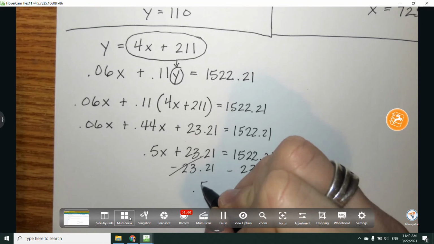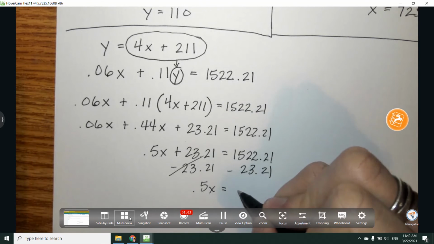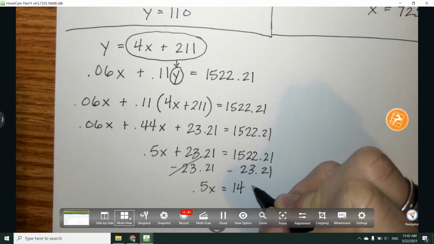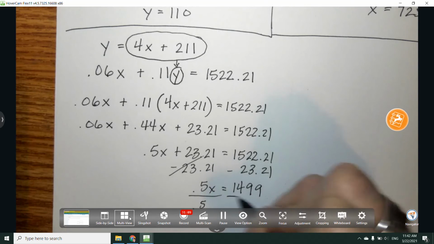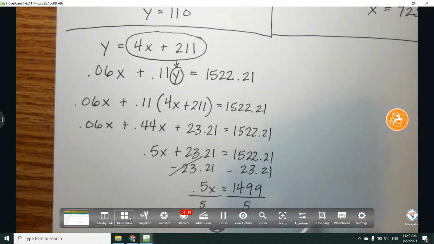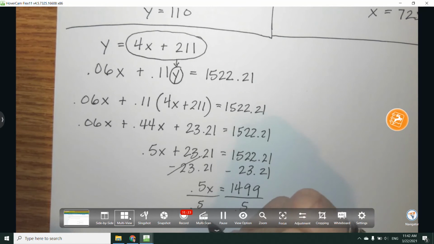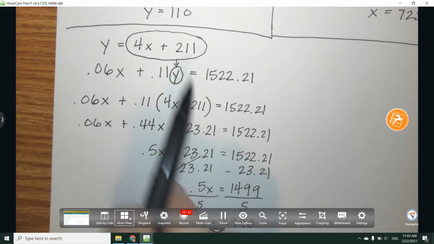So now we got 0.5x is equal to 1499. And so then we can divide by 0.5 on each side. So x is equal to 2998. That means we can substitute this thing in right here.